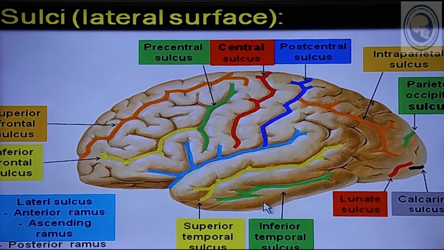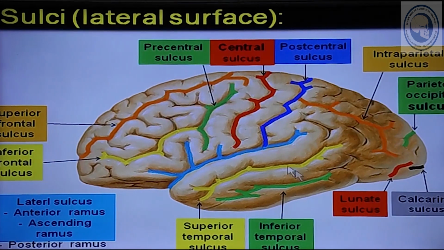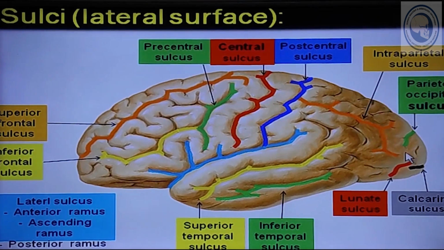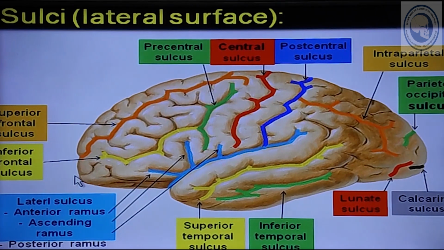Also you have another two curved sulci, which are the lunate sulcus and the intraparietal sulcus, and the last two will be the extensions from the medial surface, calcarine and parieto-occipital. So you have three central, three rami of the lateral, two frontal, two temporal, two curved, and two extensions from the medial surface. These are the three rami.